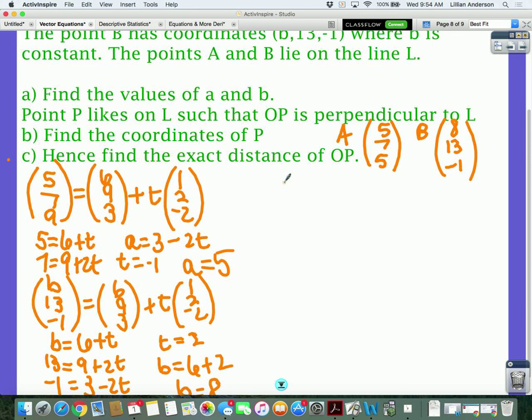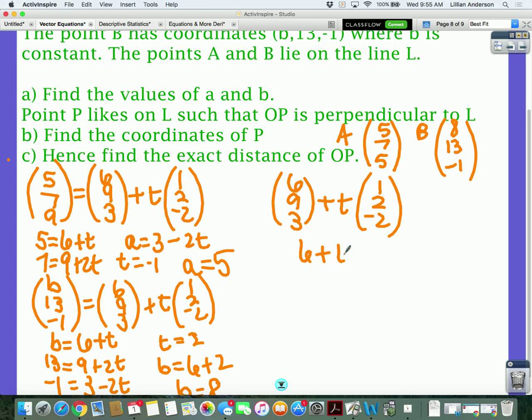So that equation of 6, 9, 3 plus T 1, 2, we're going to need to use this to represent OP, because P is on L, okay? We're going to need to use this to represent L to do our dot product, because if we do the dot product with L twice, that's not going to help us there, especially to find the coordinates of P.